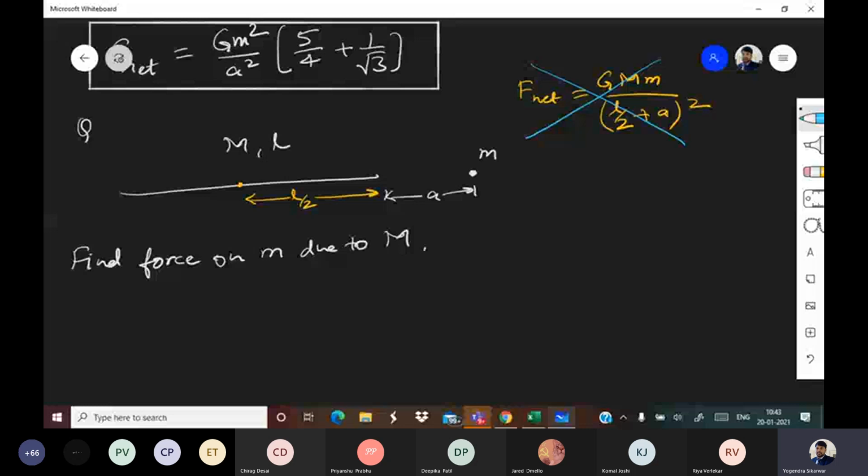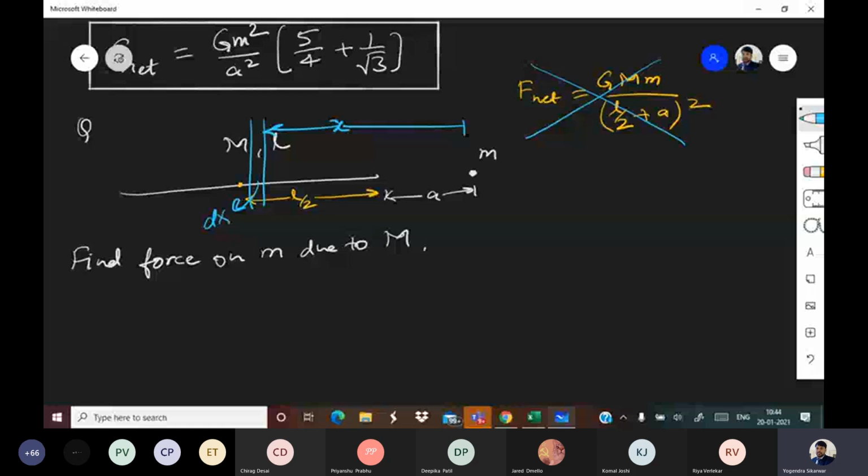Now, then how to solve this? If this method is wrong, then how to solve this? Newton's law is applicable between point masses. So we go to a distance x from it and consider an element of length dx.